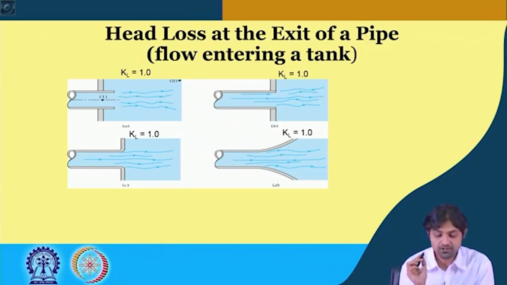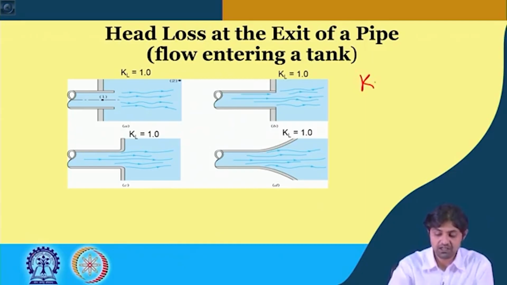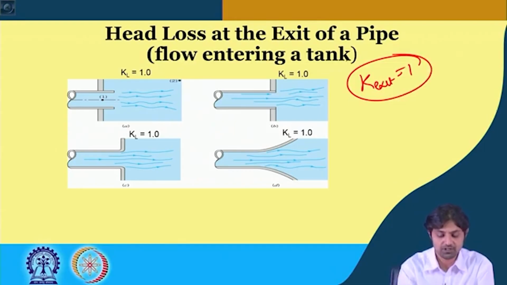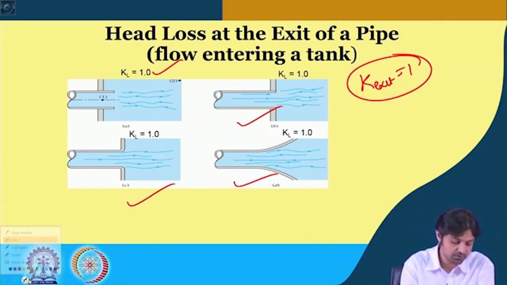When the pipe is terminating in the reservoir, what is going to happen? The whole velocity, because the reservoir is so big, everything is going to be lost, right. So K exit is always going to be 1, remember that. Whatever this thing is, KL is always going to be 1.0, very easy to remember.